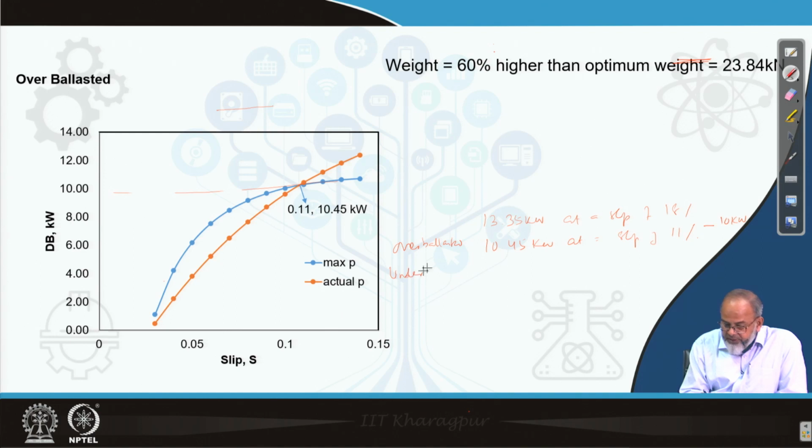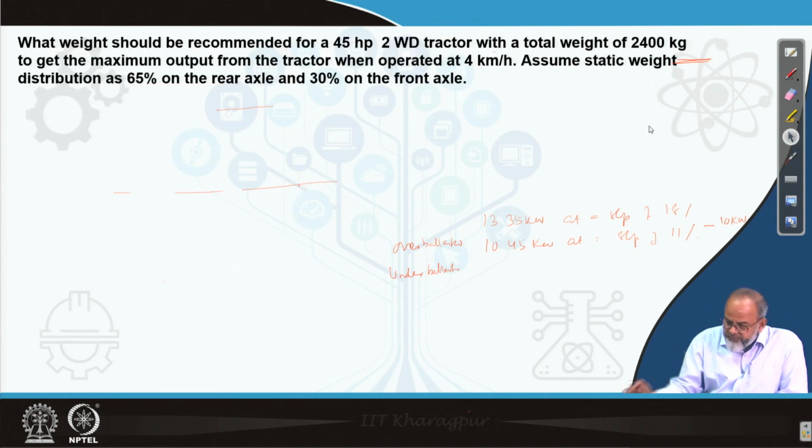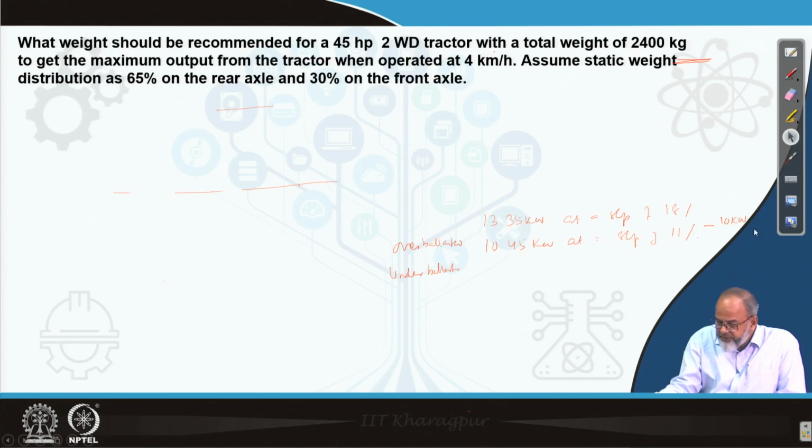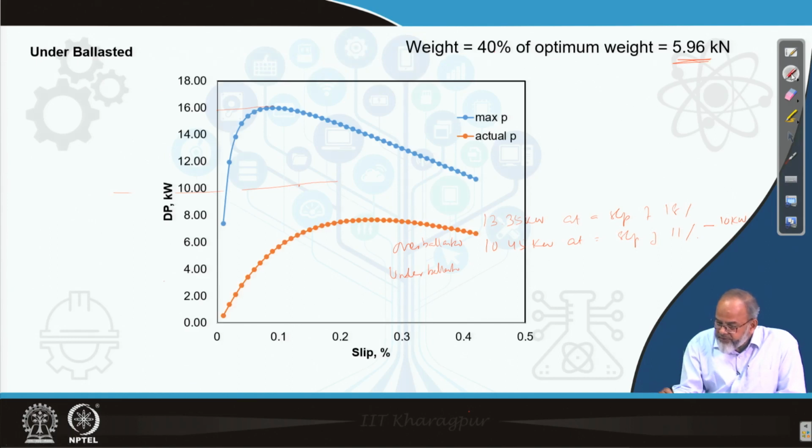Now under the under ballasted condition, the maximum power is 16 kilowatt, but it is only utilizing 6 kilowatt at a slip of 25%.